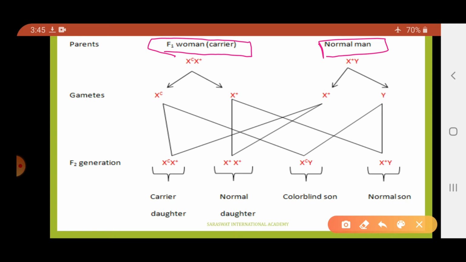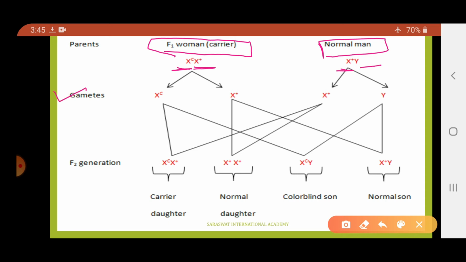So basically X C and X plus. The C is the gene for color blindness and the plus sign indicates the normal gene. In this condition, the male is normal, which means X plus, that is he is having a normal gene with the Y chromosome.